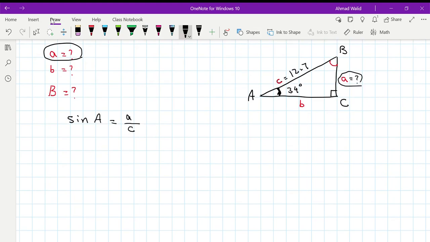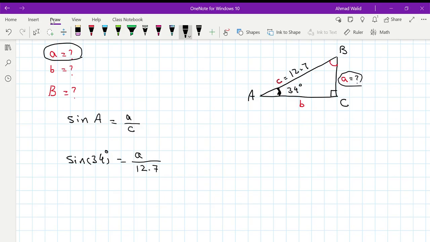Then you can write sine of angle A, which is 34 degrees, it means sine of 34 equals your a, which is unknown, or it's a variable, over c, which is 12.7. From your algebra class, you know that you can solve this equation for a.